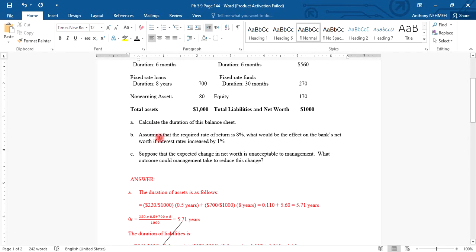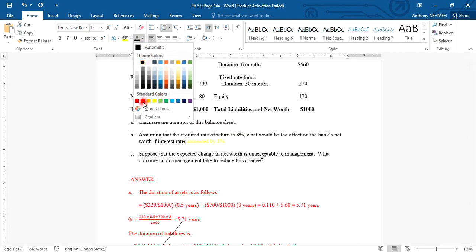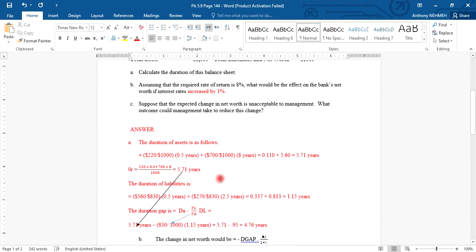Now part B, assuming that the required rate of return is 8%, what would be the effect on the bank's net worth if interest rates increased by 1%? An increase by 1% means delta I equals 1%.